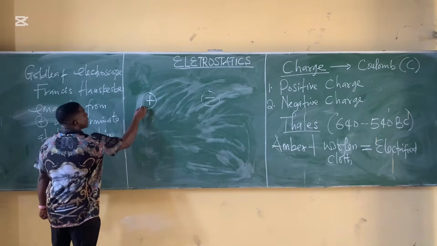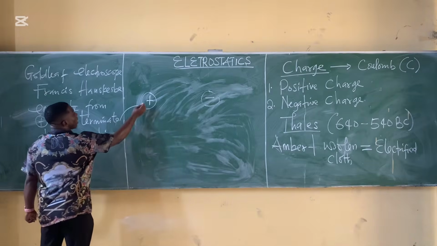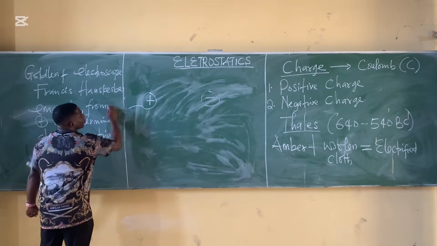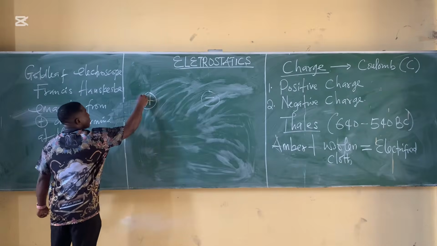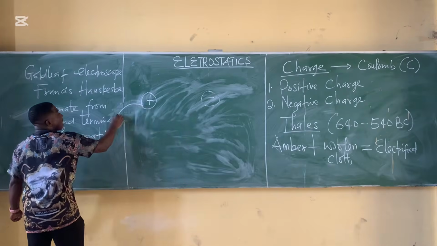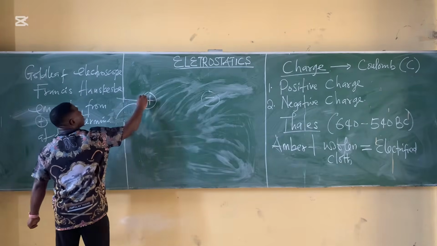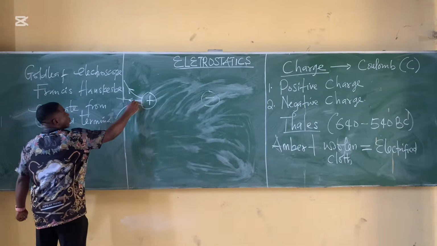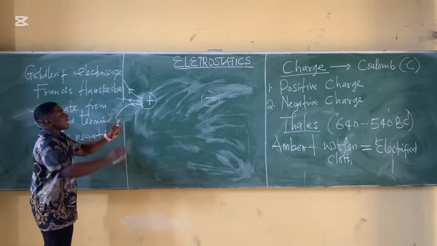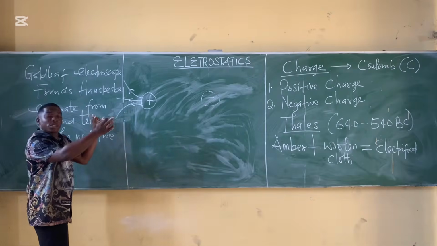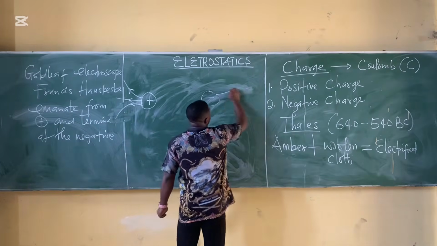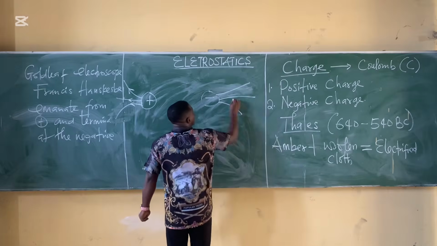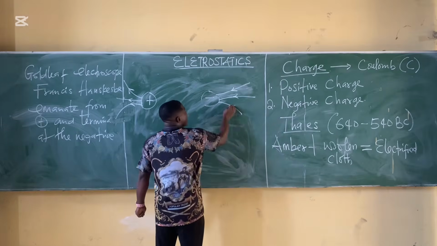Charges are always coming out from the positive, like this. Look at the direction of this arrow. It's telling you that charges emanate, they come out from the positive and they enter the negative.